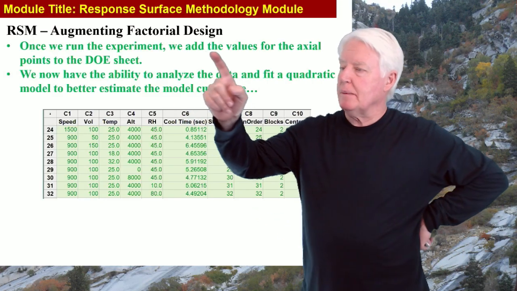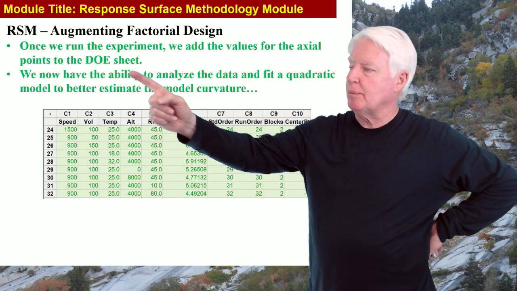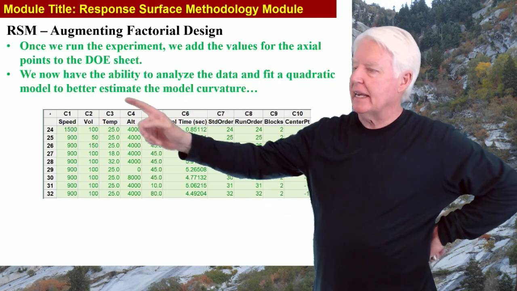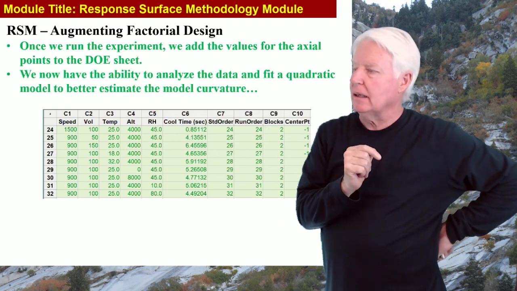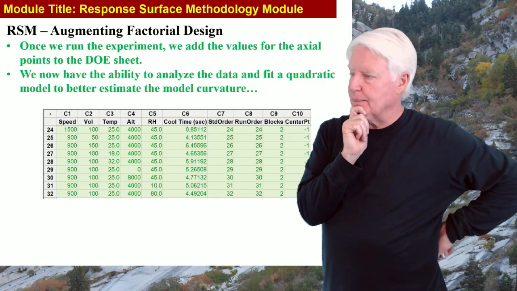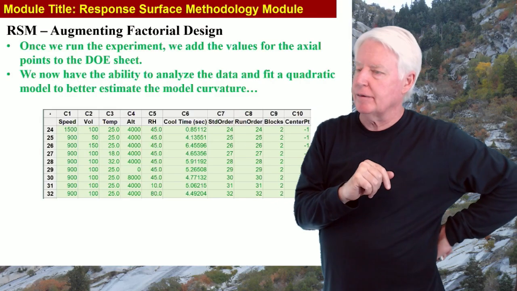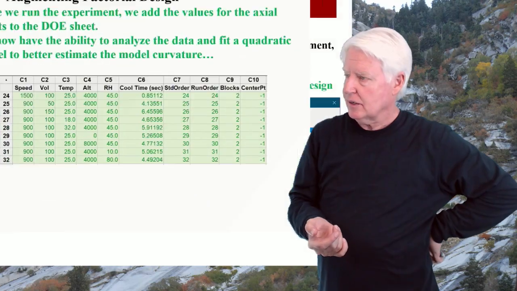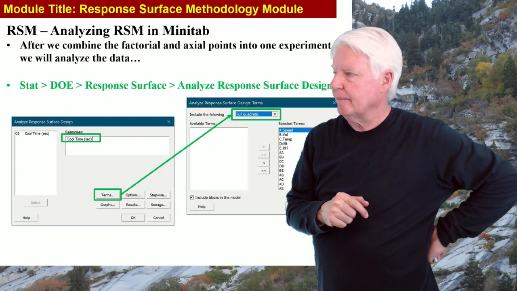Run the axial points, part of the DOE. Once we run the experiment, we add the values for the axial points to the DOE sheet. We now have the ability to analyze the data and fit a quadratic model to better estimate the model of curvature. Remember, we've already determined that curvature exists. So that's why we're going to continue on here.